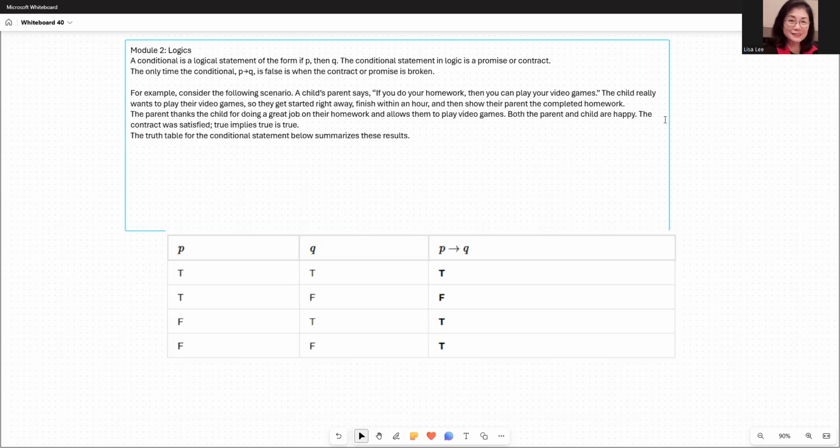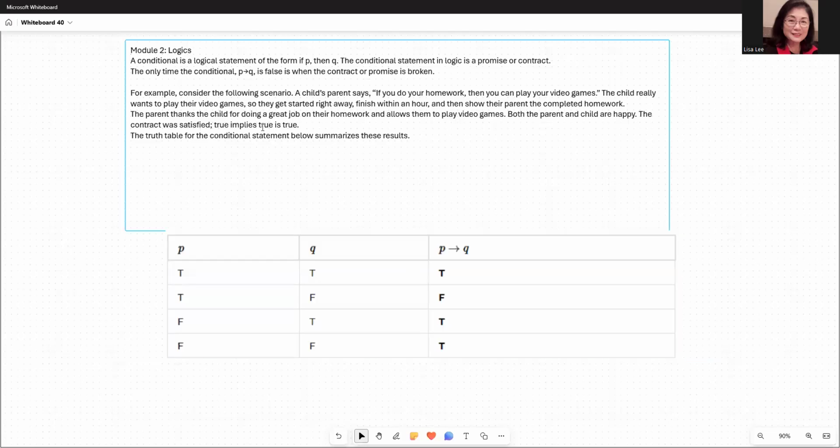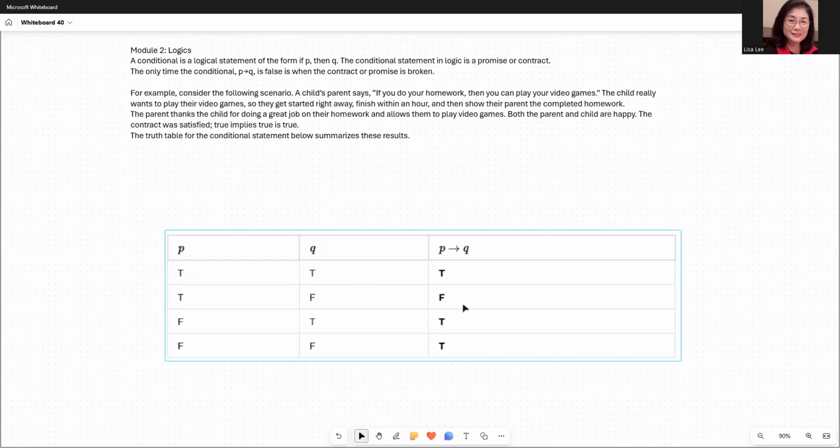Then Q stands for the statement the child really wants to play their video games, so they get started right away and finish homework within an hour. So we use P and Q to represent those two statements.